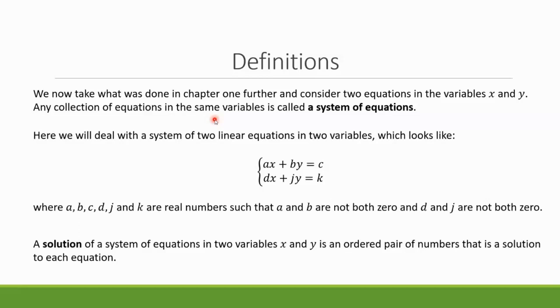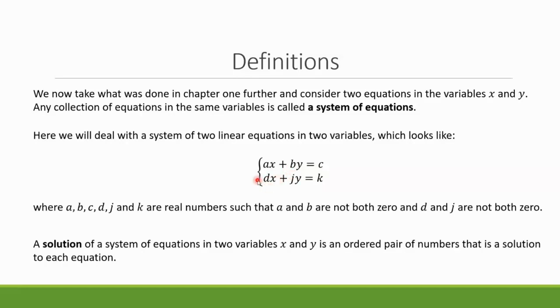For us, we're going to look at a system of 2 equations in 2 variables. It looks like this. Here, A, B, C, D, J, K are constants, real numbers. A and B can't be 0 at the same time, and D and J also can't be 0 at the same time. Otherwise, one of these equations is gone, and we're back in chapter 1.